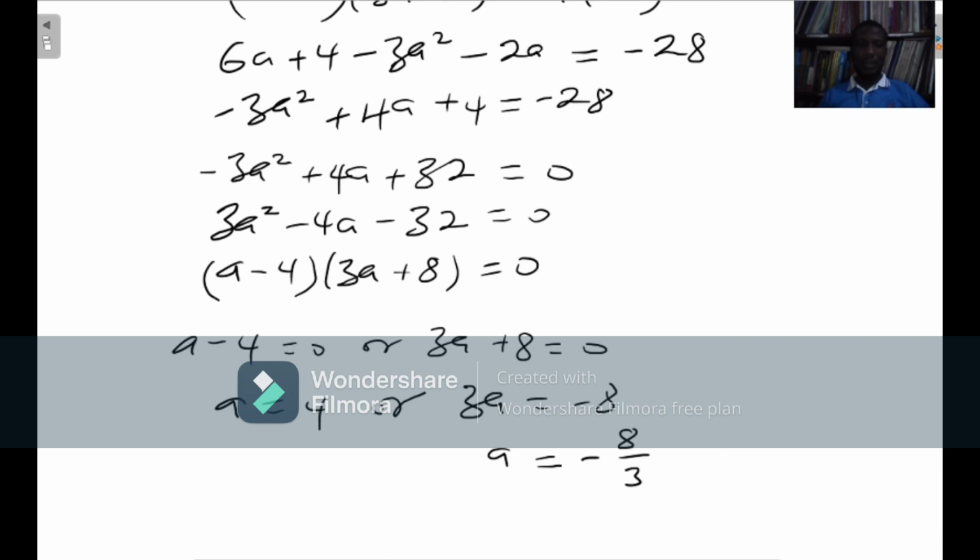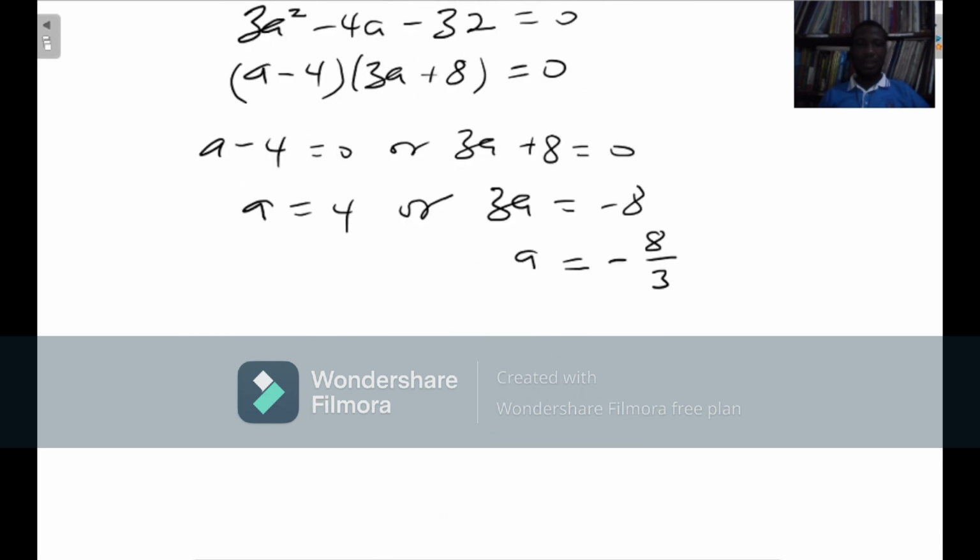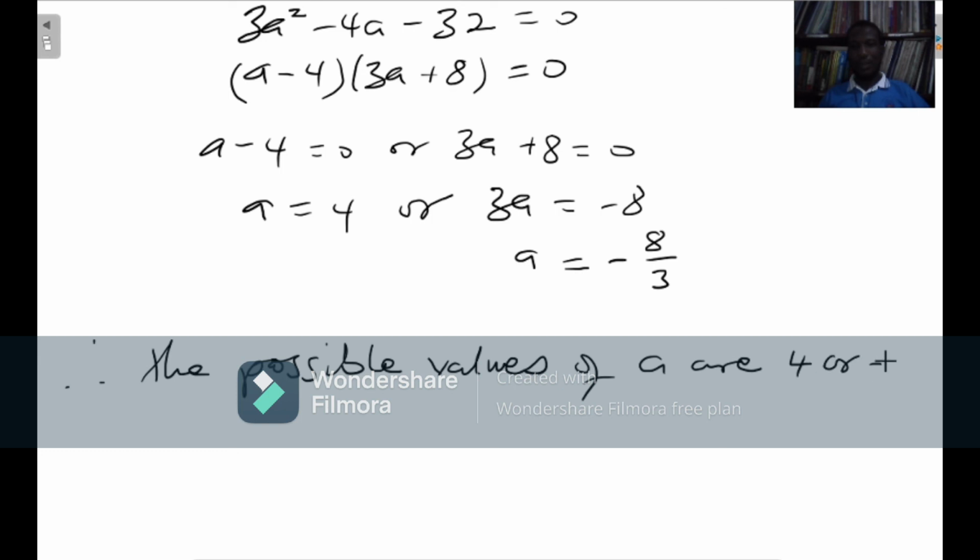Then we'll conclude that therefore the possible values of a are 4 or -8 over 3.